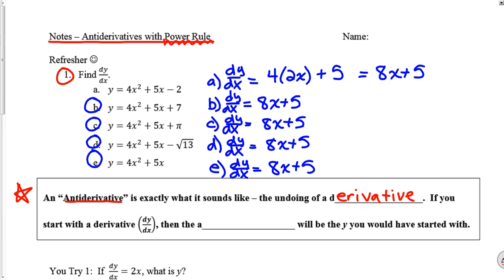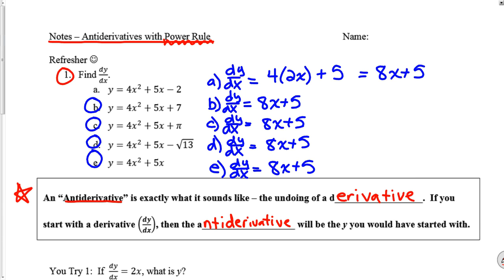If you start with a derivative, or dy dx, then the antiderivative would be the y you would have started with.